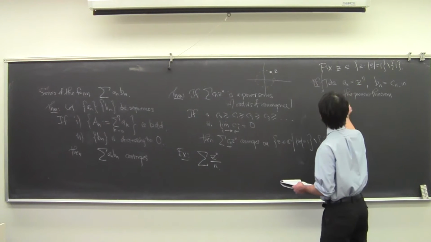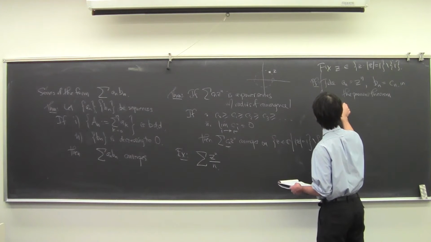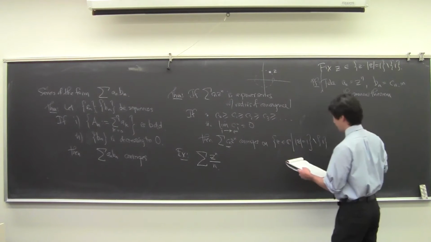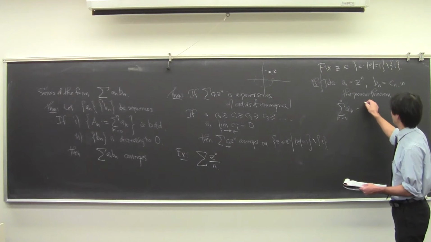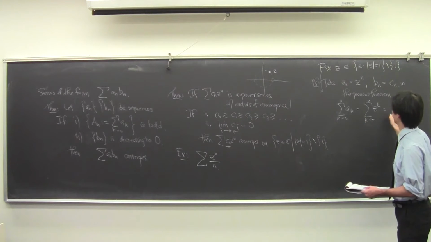Because then if we look at the sequence of partial sums, this is the sum of z to the k from k equals 0 to n.